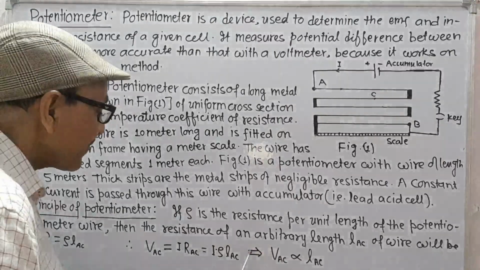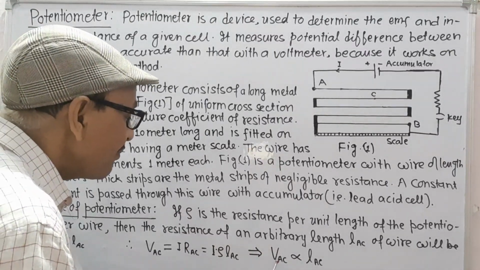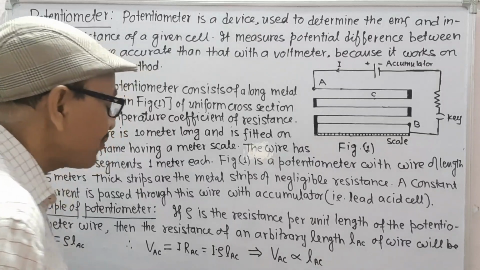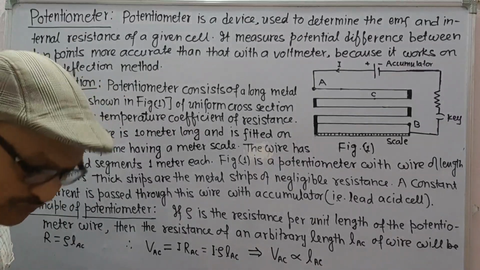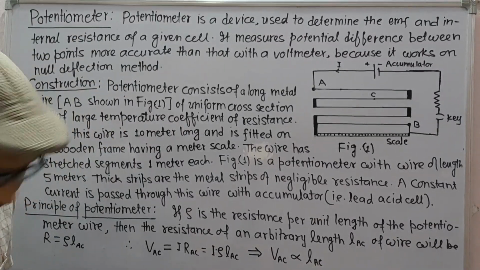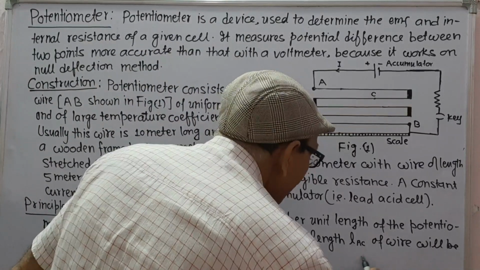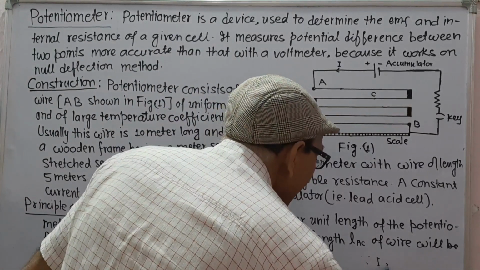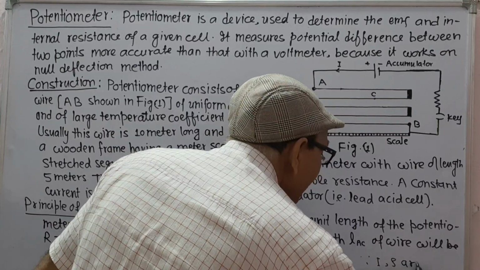From this relation we get V_AC is directly proportional to L_AC because I and rho are constants.